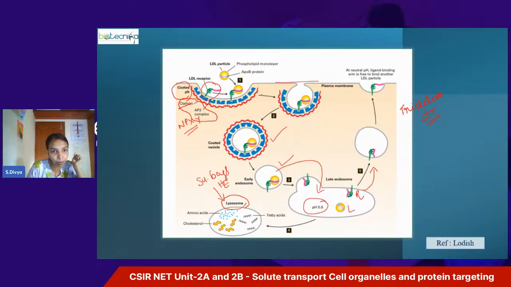So who is responsible for recruiting the adapter protein to the plasma membrane? Do we have any specific molecule, any lipid component that is responsible for recruiting this adapter protein to the membrane? Do we have? See, I have another image for you.